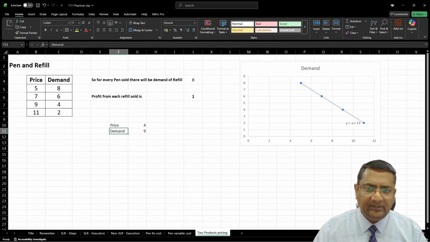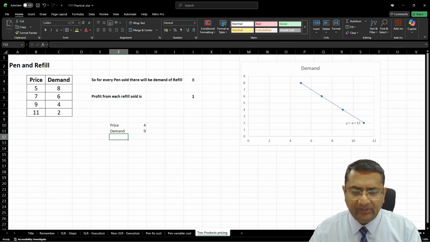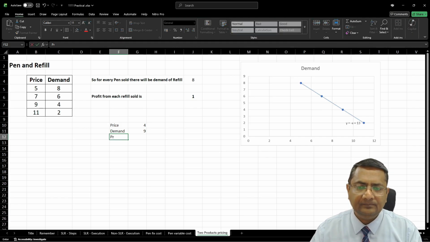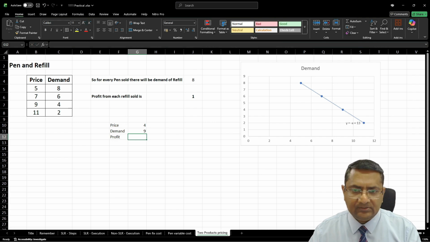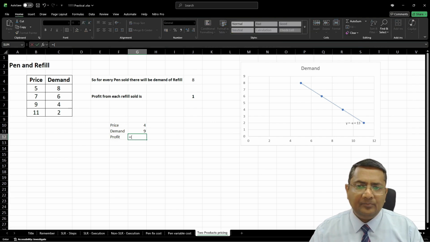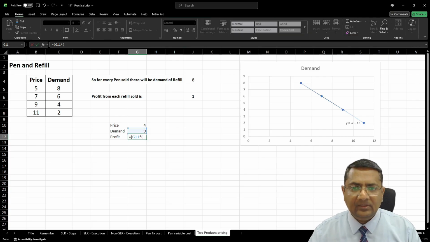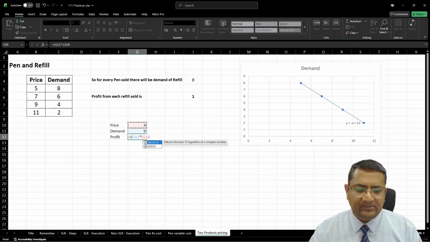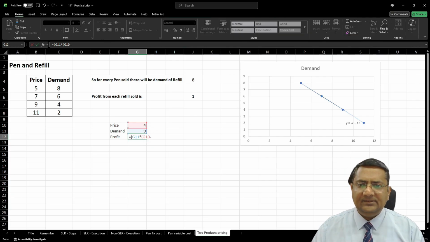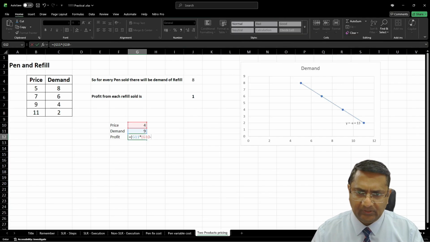Okay, right? Now what would be the profit? Profit is what? Simple. Profit is demand multiplied by price minus cost. Say right now we have not assumed the cost. Let's say the cost is 4 rupees.